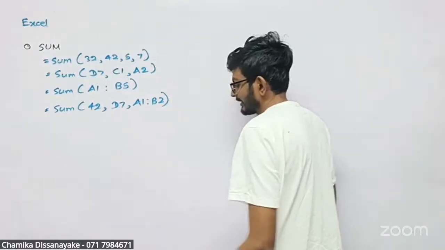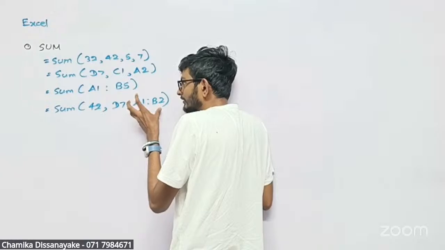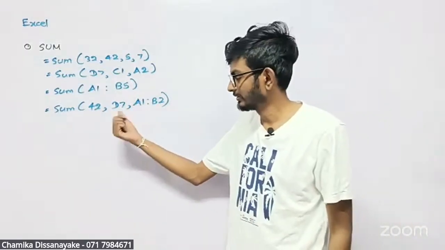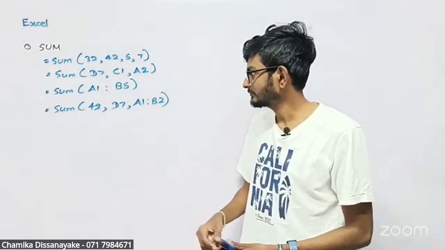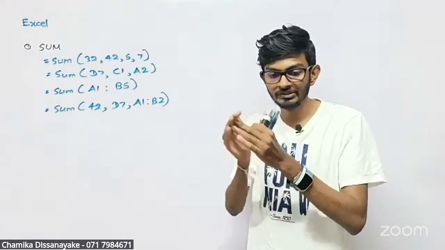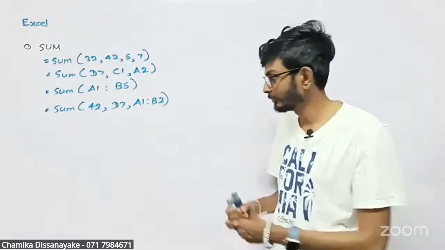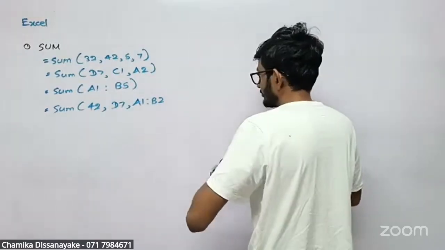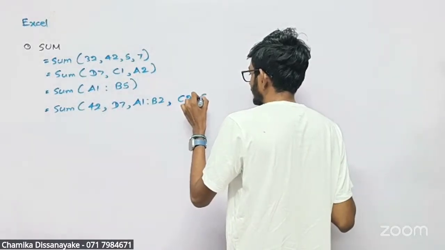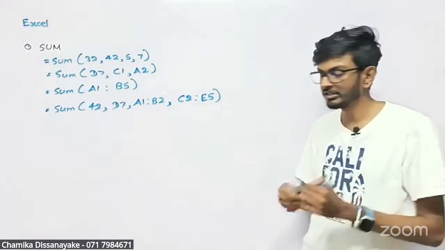What Excel will do is take 32 and the value of this one and the addition of this cell range. So these things can be separated by this comma. This cell range is one set, one range. So we can put a comma and put one range, and also we can add another range. We can put another comma and again another range, C2 to E5. Okay, so we can add several ranges also, but we have to use the comma.